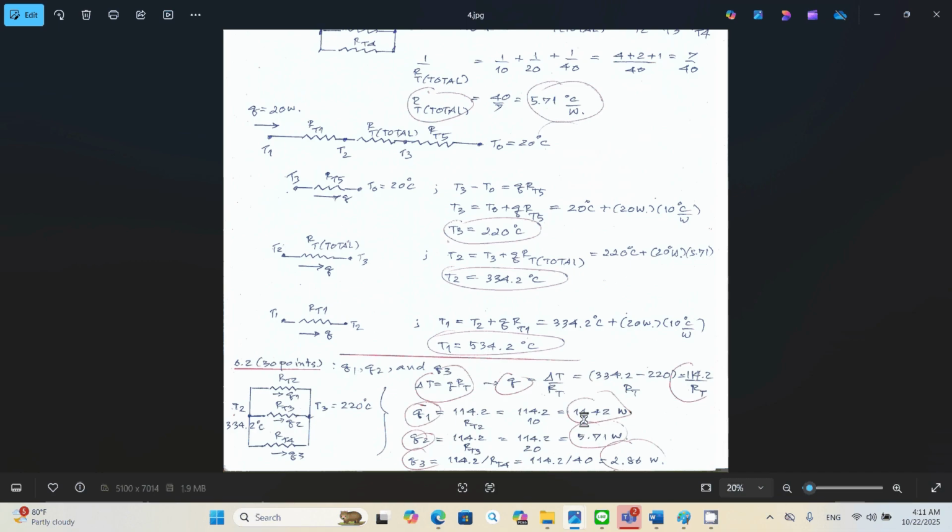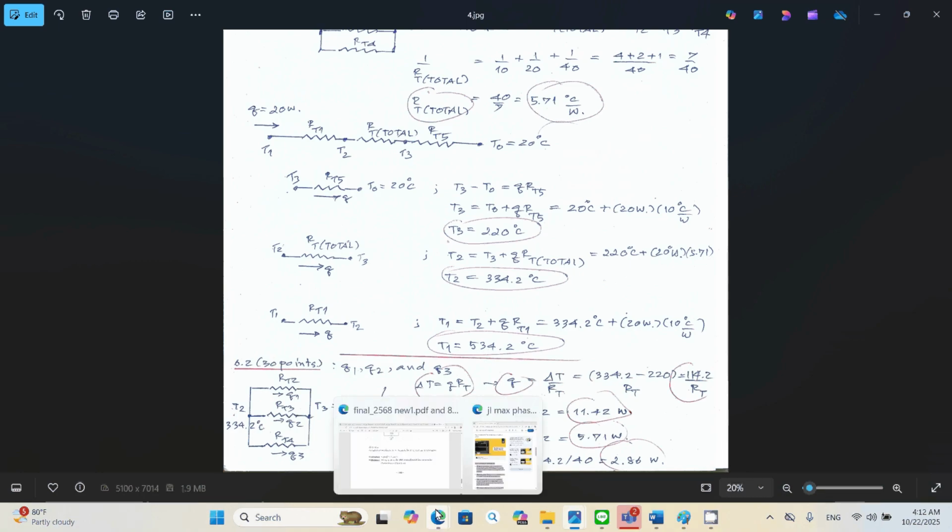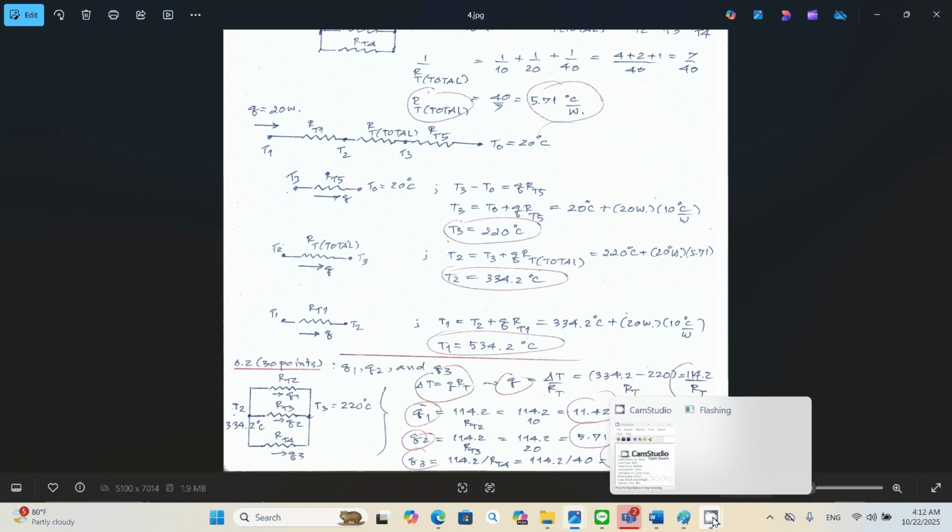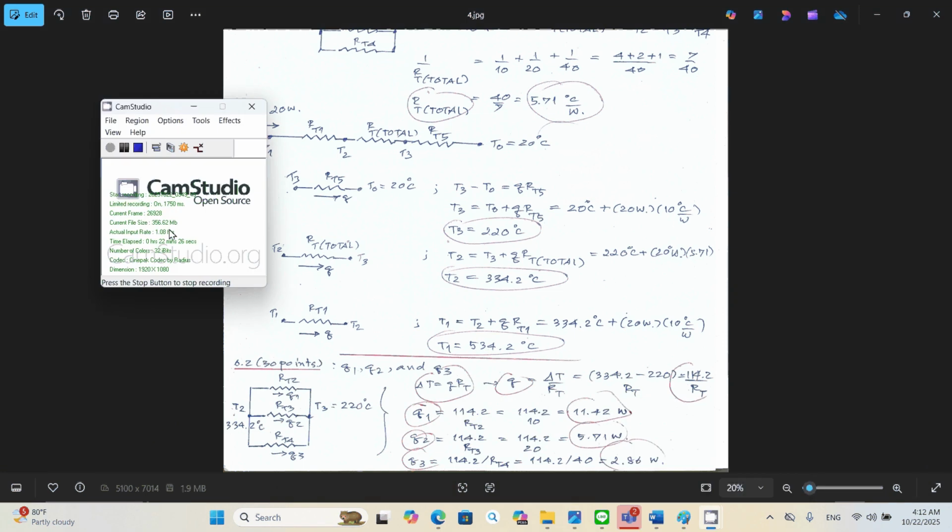You end up with Q1, the heat flowing through RT2, 11.42 watt. Q2 equal to 114.2 over RT3. That's the RT3 equal to 20 degrees Celsius per watt. Okay, and so on. That's the final exam solution for electronic packaging system. Okay, bye.